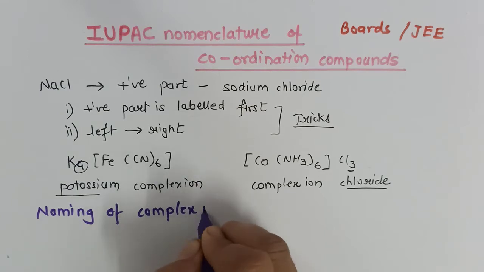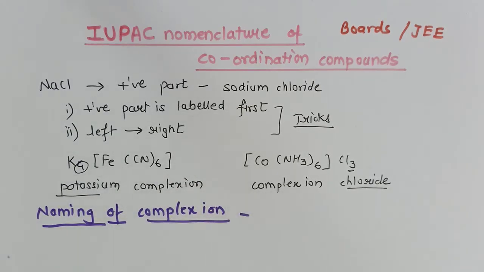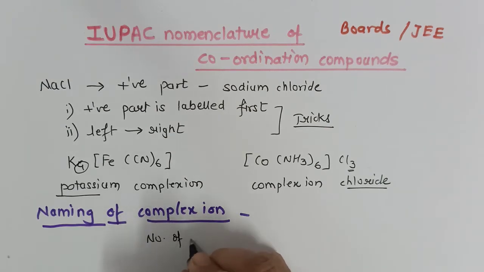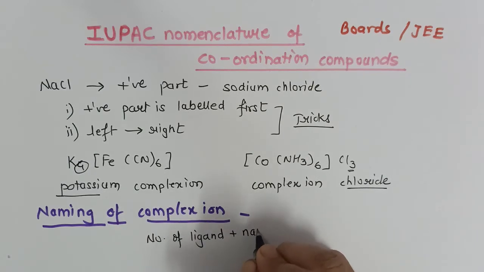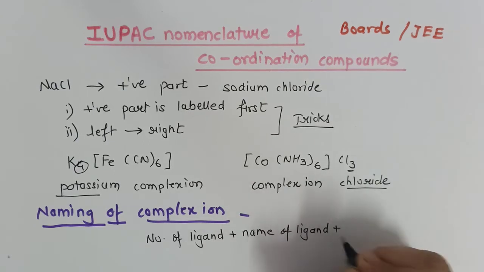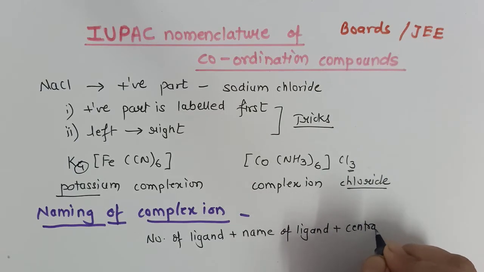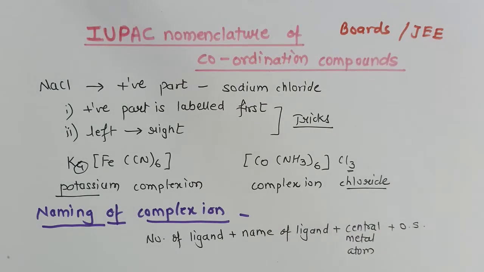There are plenty of rules that you have to keep in mind, but I will say it's an easy topic. So how do we name a complex ion? Simply remember one formula: number of ligands, then we'll write the name of the ligand, then we'll write the central metal atom, and then we'll mention its oxidation state.